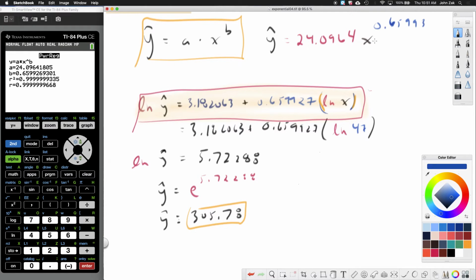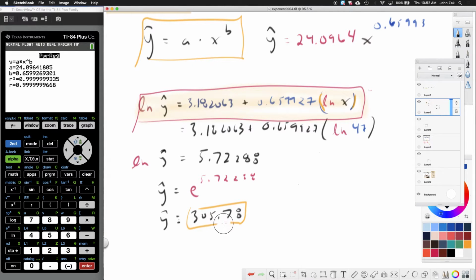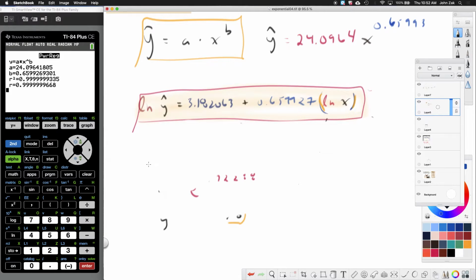That is our power model equation, and it is in this form. Now, what I want to show you is that this equation, aside from perhaps some minor rounding error, is exactly the same thing as this. This was where we were making a prediction earlier. We don't really need this anymore. Oops, this was a different layer. Let me see if I can get back to that layer. Can I erase you? Yes, I don't need you anymore. Goodbye to you. You were beautiful, but now you are gone, and that's fine.